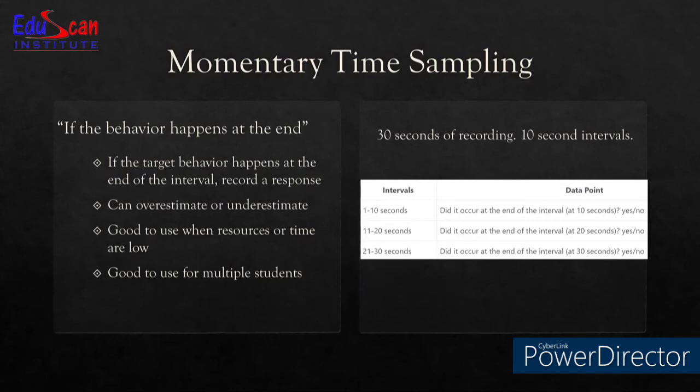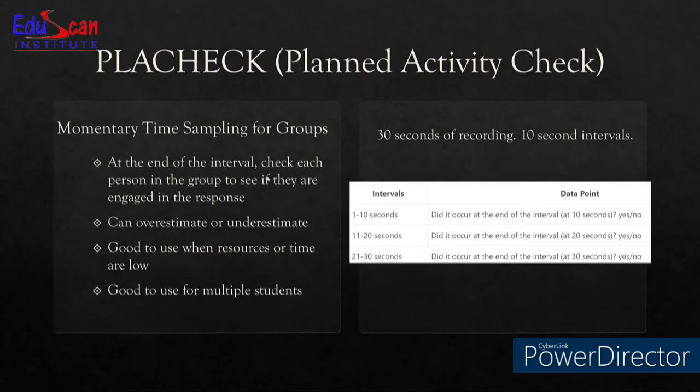Now, what is this last one? PLACHECK. Planned activity check. It's exactly like momentary time sampling, but this is momentary time sampling for groups. So say a group of 5 students we're studying, we take it at one go.